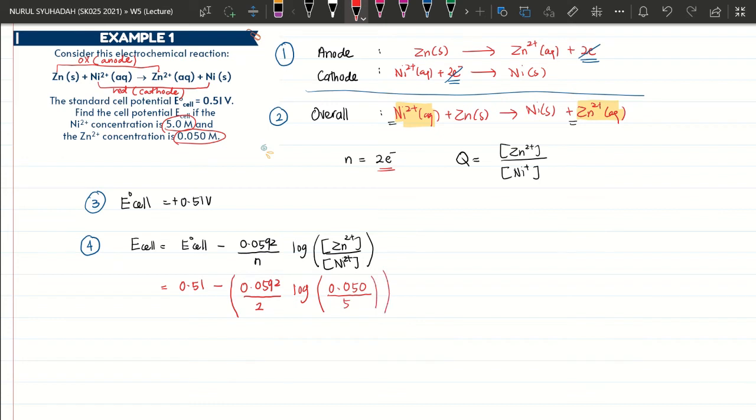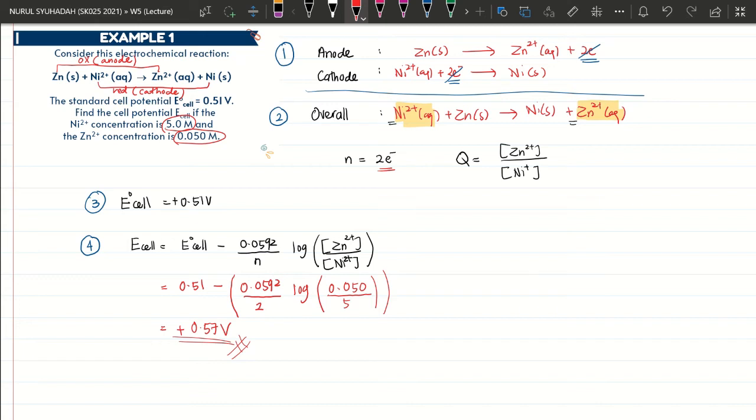Use your calculator wisely and very carefully, and you will get the value of E cell as positive 0.57 volt. Make sure you write it down with the unit. Without the unit, you will not get marks for the answer.